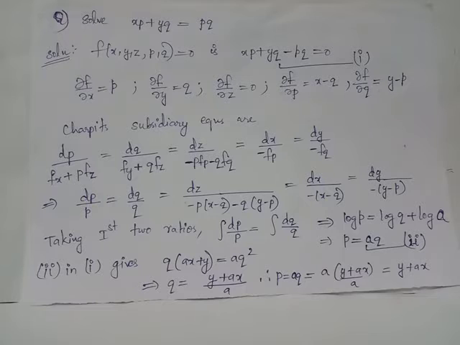We have the next ratio dx upon minus x minus q and dy upon minus y minus p. When we compare the first two ratios and integrate both sides, we obtain integral dp by p equals integral dq by q, which becomes log p equals log q plus constant of integration log a.